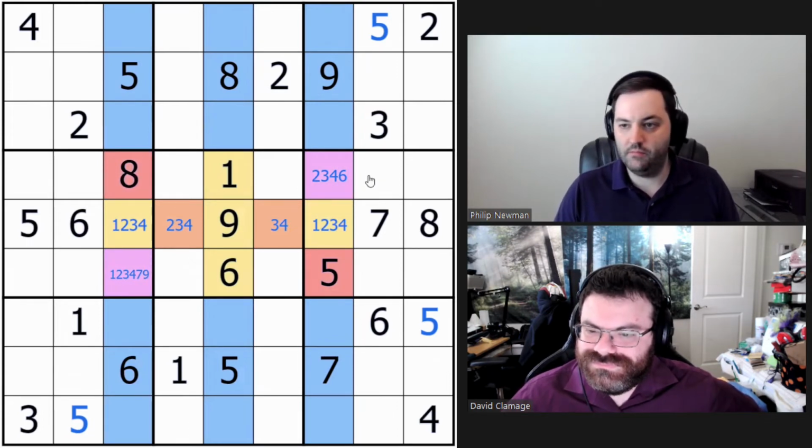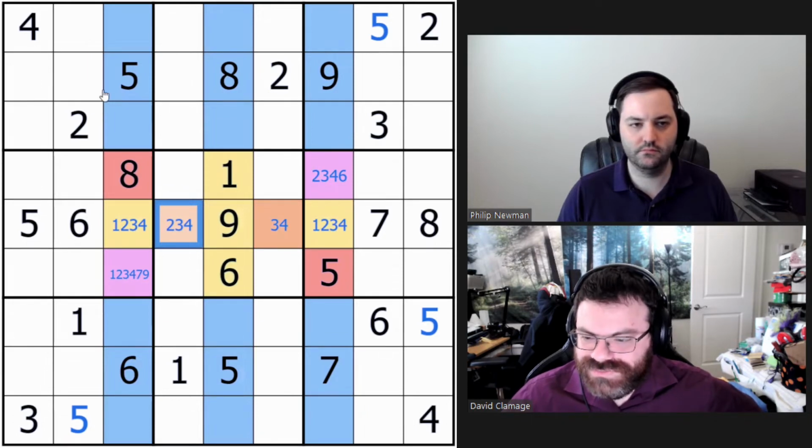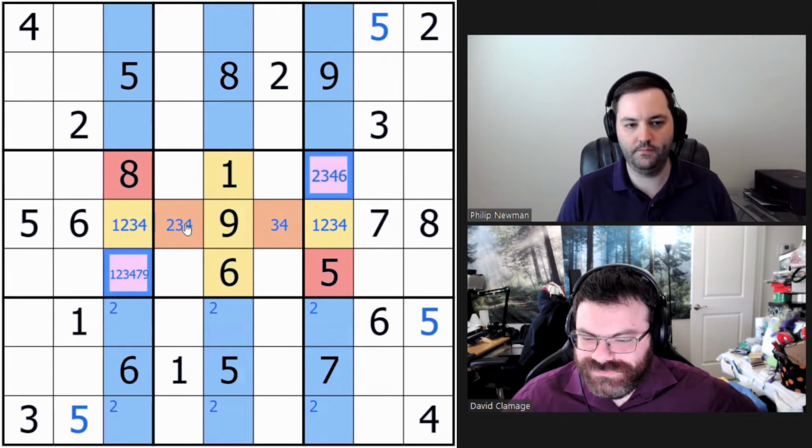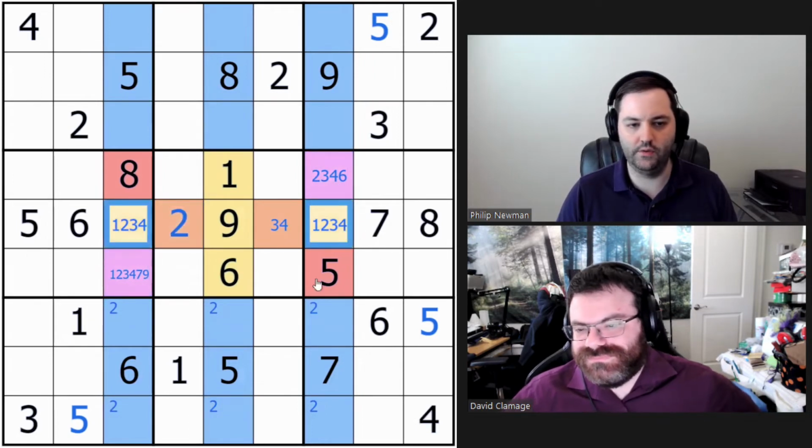Okay. So, same setup. It should be pretty easy to go through the logic here. If this were a 2, where can 2 go in columns 3, 5, and 7? Just in rows 7 and 9, it looks like. Yeah, rows 7 and 9, or one of the target cells. Right. If this is a 2, it can't go in these yellow cells.